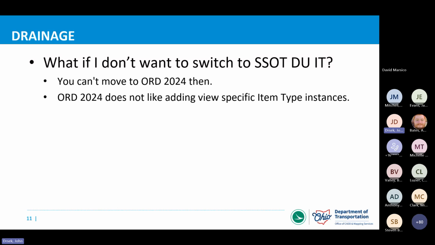Basically, once you start adding or removing item type individual view specific instances, and you close and reopen, you start getting those extra instances popping up, and ORDs, they don't want you to do that. It was a workaround to begin with, so it just doesn't play nice. So if you want to keep using the old way, then you can't move to 2024. There's no other way around it. You're going to have to switch to single source of truth if you switch your drainage to 2024.